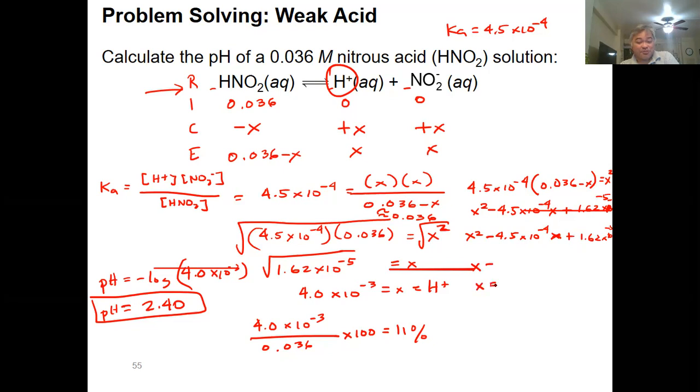So I leave that to you. So usually dalawa yung x value na makukuha mo dyan. Okay, if you do the quadratic formula, you can end up getting a value that is equals to 3.8 times 10 to the negative 3 or negative 4.3 times 10 to the negative 3.